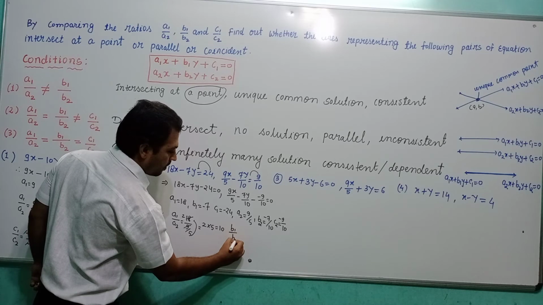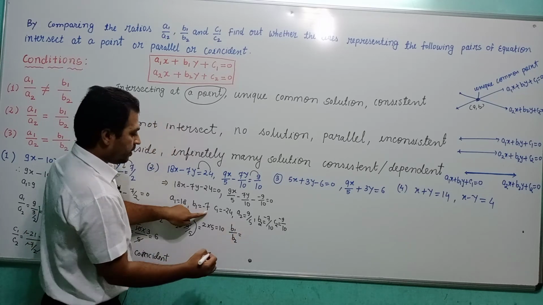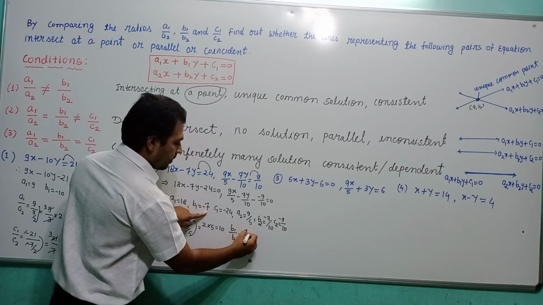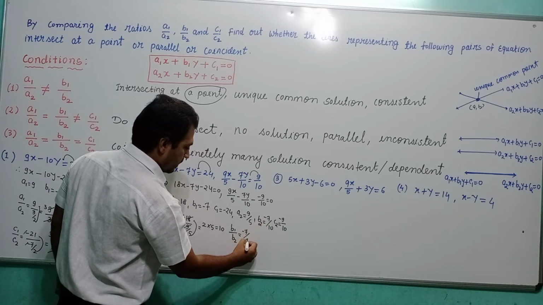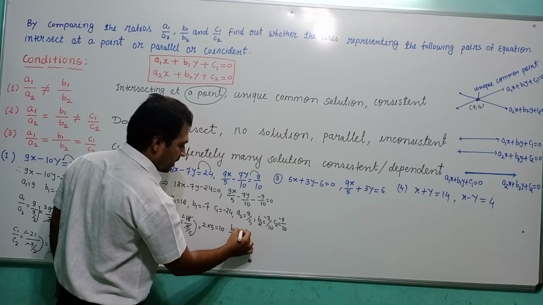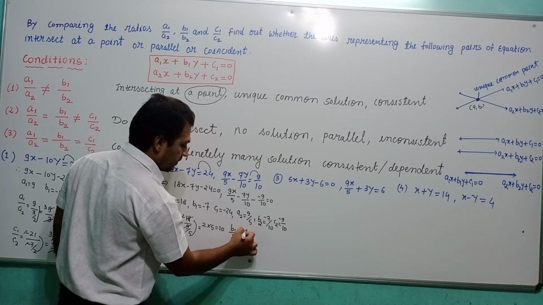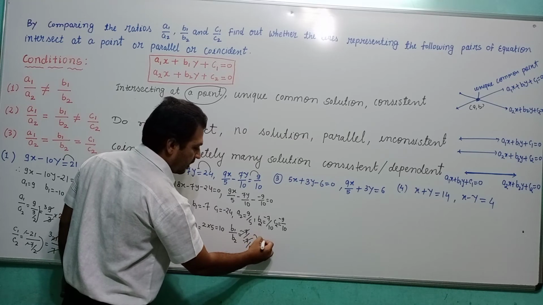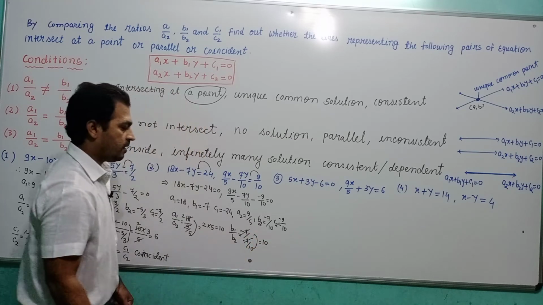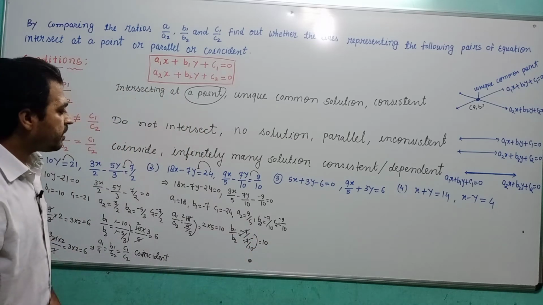The value of b1 is minus 7 and b2 is minus 7 by 10. So minus minus will be cancelled out and 7 will be cancelled out. It goes to the numerator, so we are getting 10. Now finding c1 by c2.